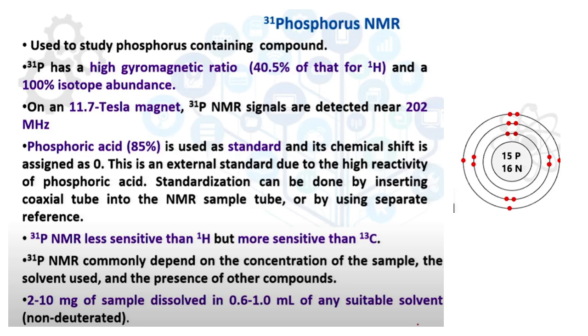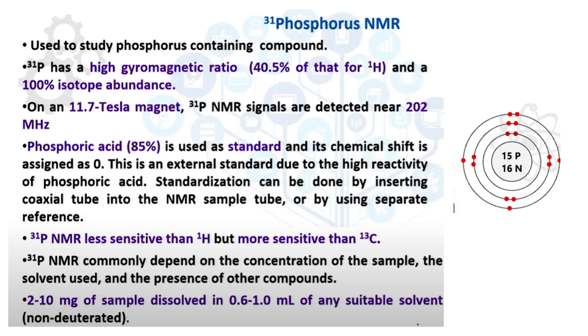And before going to the details, just as an introduction, of course you know that to be NMR active, the proton and neutron number must be odd type. So 31P is magnetically active and it can give a response in NMR.